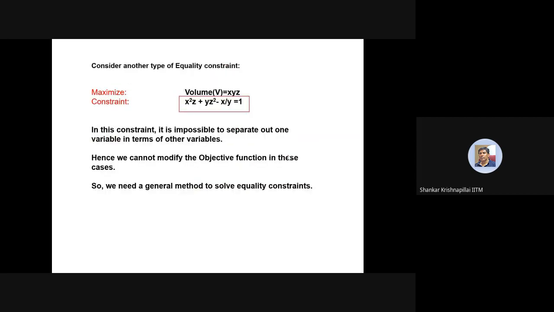Now in this same problem, I change this equality constraint. Now all the variables are mixed up. Can you take z out separately, or x or y? It is not possible. z into x squared plus yz minus x by y is equal to 1.